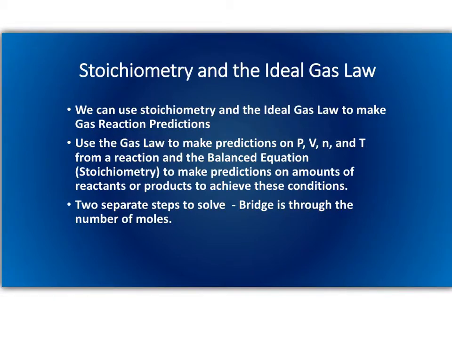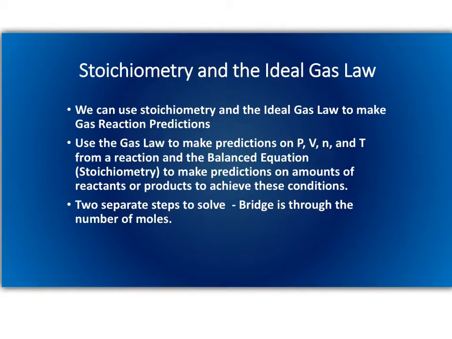If I give you P1, V1, and T1, we can know what n is. It's a two-step process to solve, and the bridge is through the number of moles, or n, right?